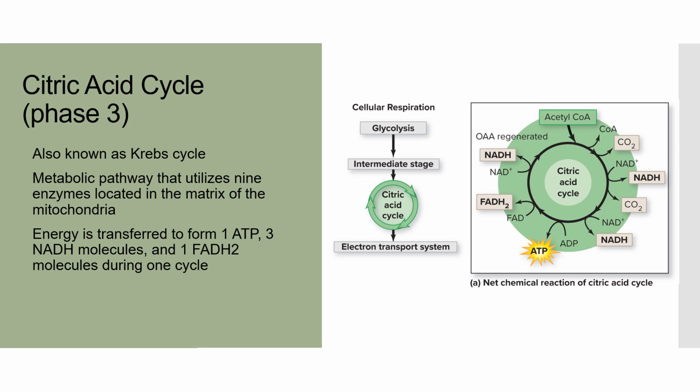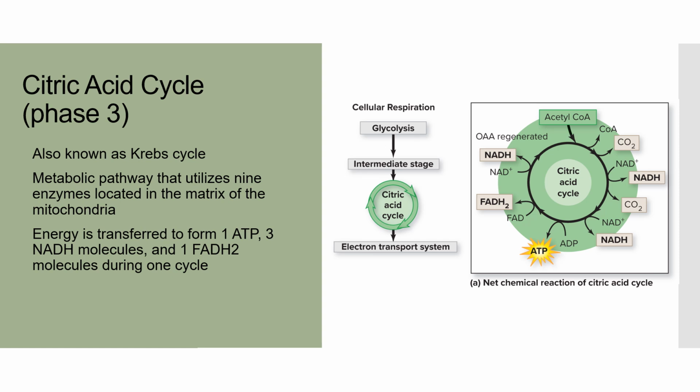During this cycle, acetyl coenzyme A combines with a molecule called oxaloacetate. That's a hard one, to form citrate. Citrate then undergoes a series of chemical reactions, releasing carbon dioxide and transferring electrons to carrier molecules.